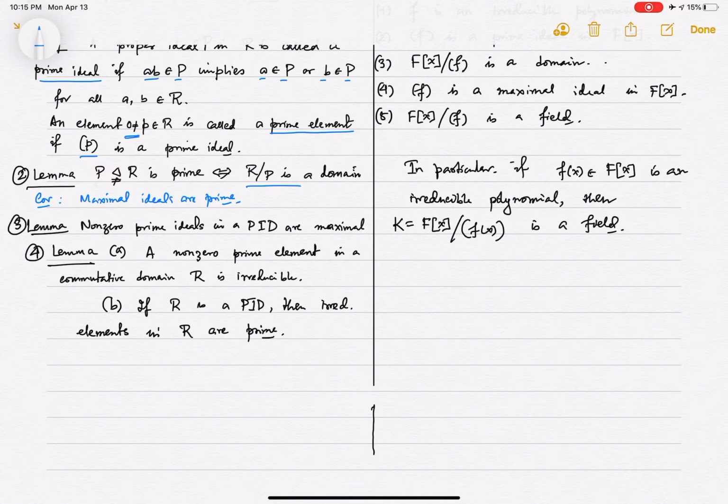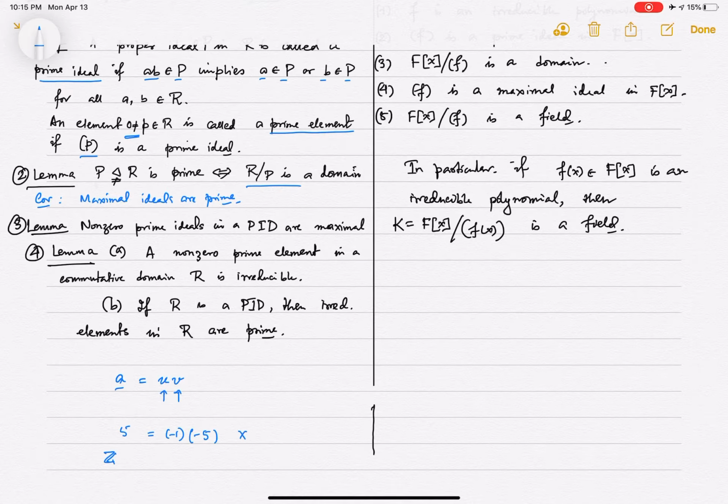And then we have this fourth lemma, which talks about prime elements and irreducible elements. An element a is called irreducible if you don't have a proper factorization of a. So whenever you write it as a product of two things, one of them is a unit, meaning invertible in the ring. For example, 5 is irreducible in Z, because the only way to factorize it is to pull out a unit.